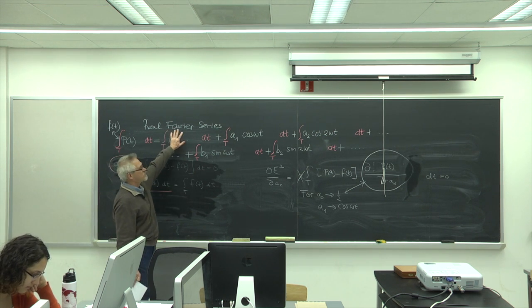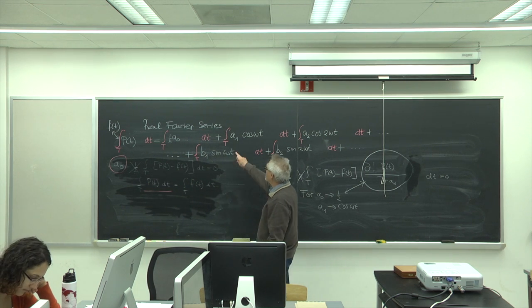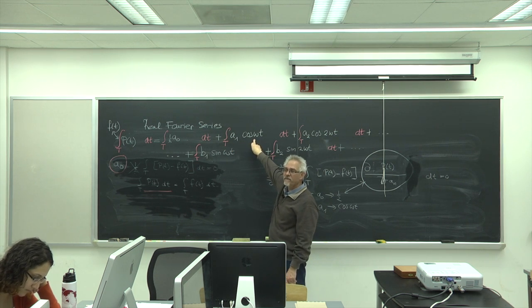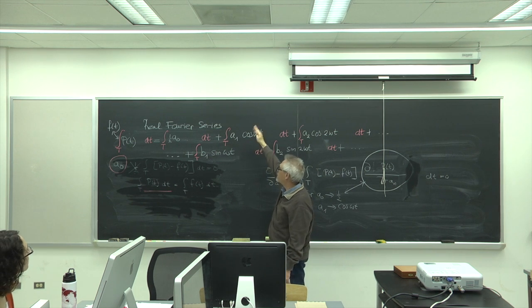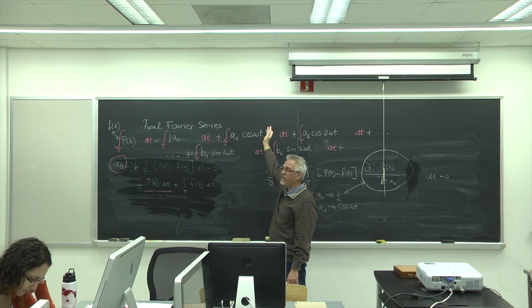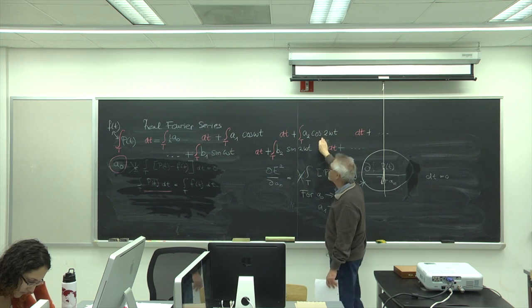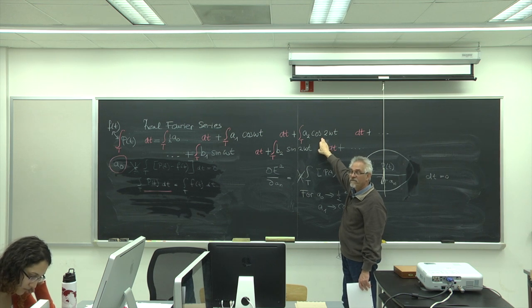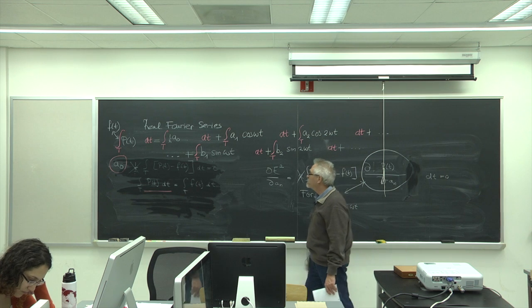Let's skip the first term. Let's look at this term. This is an integral over a full period of something times a cos omega t. So that's going to be 0, because I evaluate that thing over a full period. The area under the curve vanishes. This is 2 times omega t. What's going to happen with that one? 0. Yeah, going to vanish too. It's 2 periods, but they still cancel.